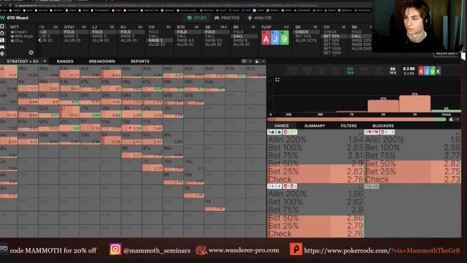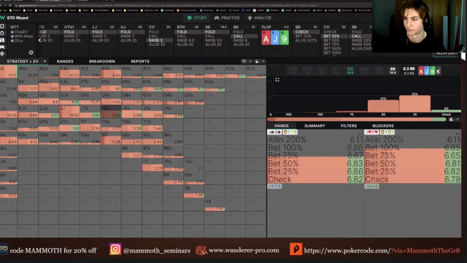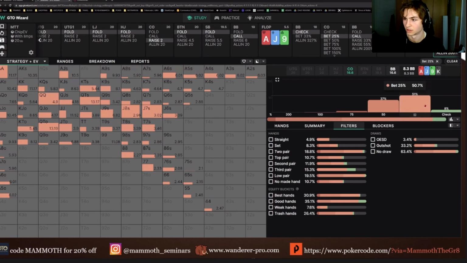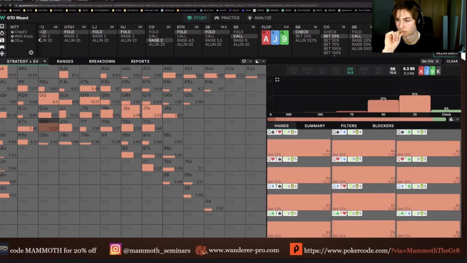Which hands do you want to bet small with? If we isolate a B25, then you see hands pretty much like yours, the ten-nine, jack eight, jack seven. But it's balanced, right? Straights go small too. Queens.